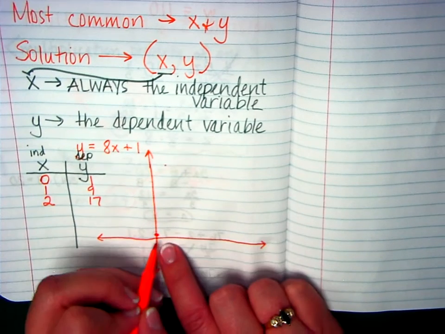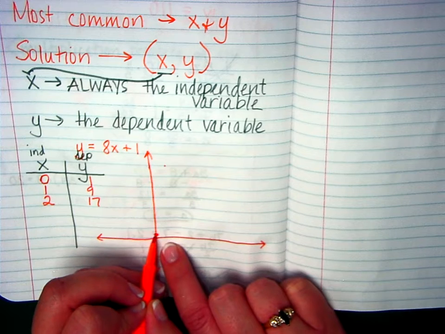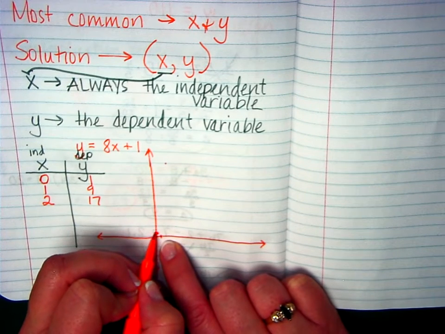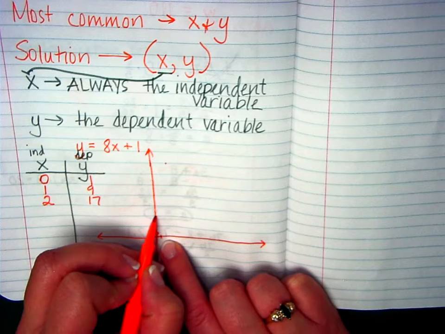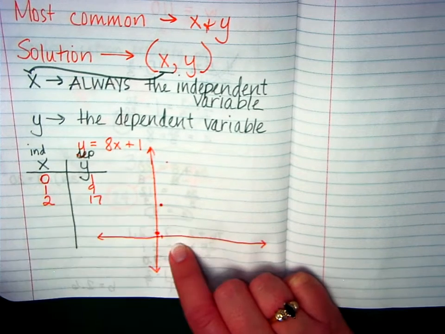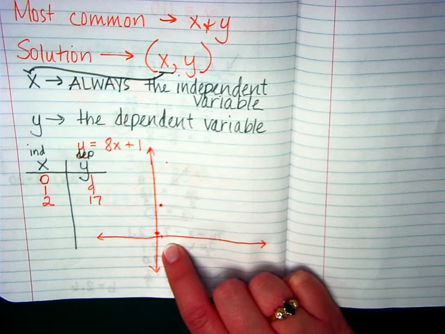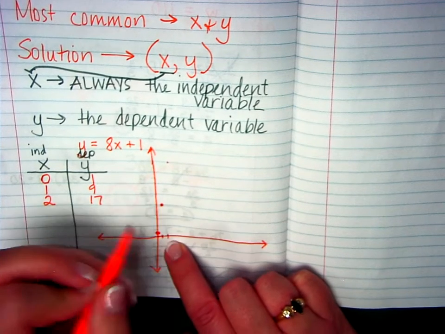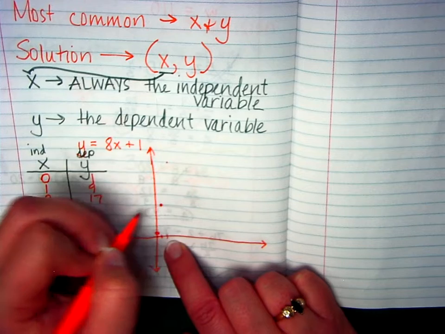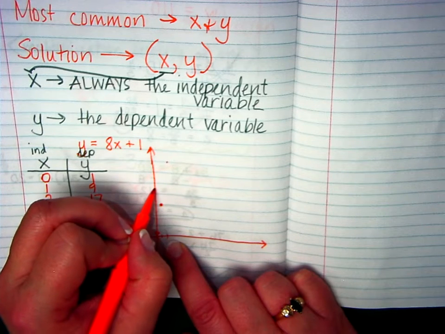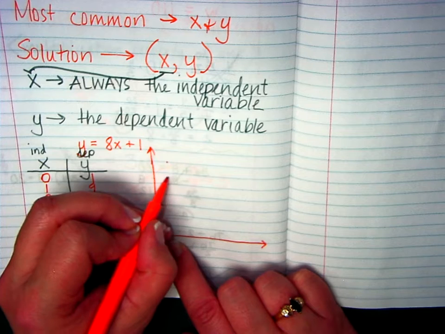So here's my 0, 1. Then I go over to a 1, and I have to go up to 9: 1, 2, 3, 4, 5, 6, 7, 8, 9. I'm going to count every line as worth 3 in mine. Then I have to do 2, 17. So now I'm going to go up: 9, 10, 11, 12, 13, 14, 15, 16, 17.